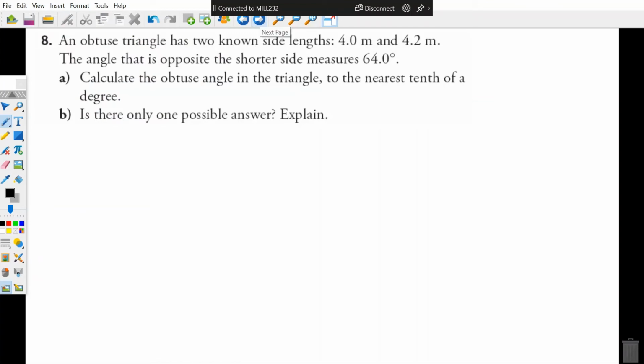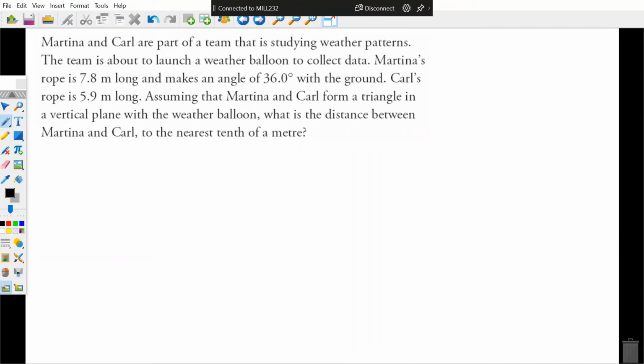All right, let's do this one here. It says Martina and Carl are part of a team that is studying weather patterns, okay? The team is about to launch a weather balloon to collect data. Martina's rope is 7.8 meters long and makes an angle of 36 degrees with the ground.